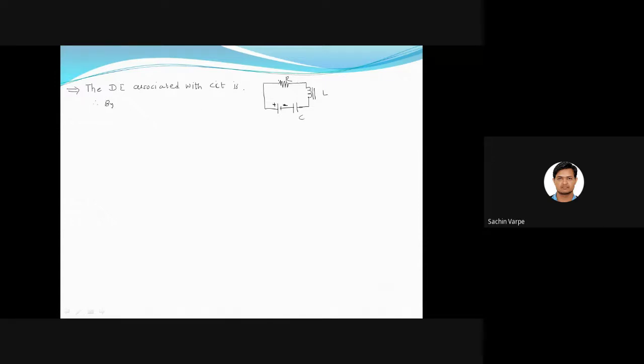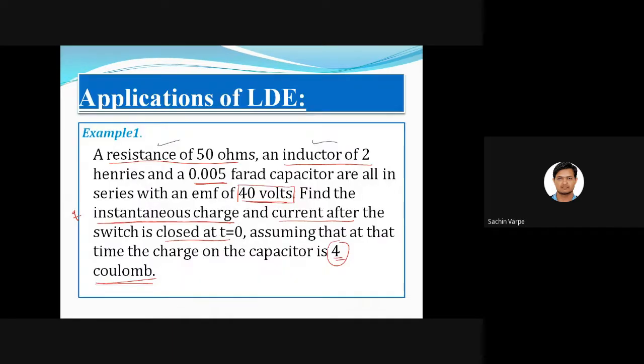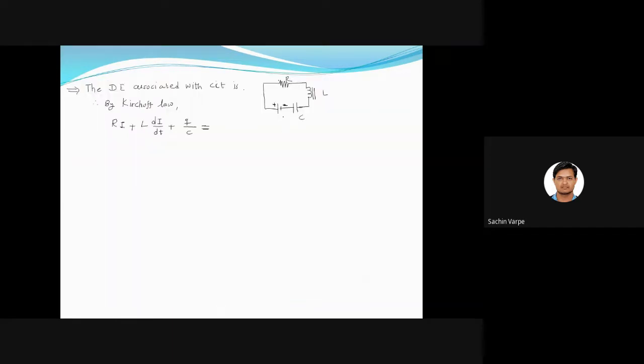Therefore, by Kirchhoff's laws, the voltage drop across the resistor is Ri, plus the voltage drop across the inductor is L di by dt, plus the voltage drop across the capacitor is q by C, and that is equal to the electromotive force, which is given to be 40 volt.